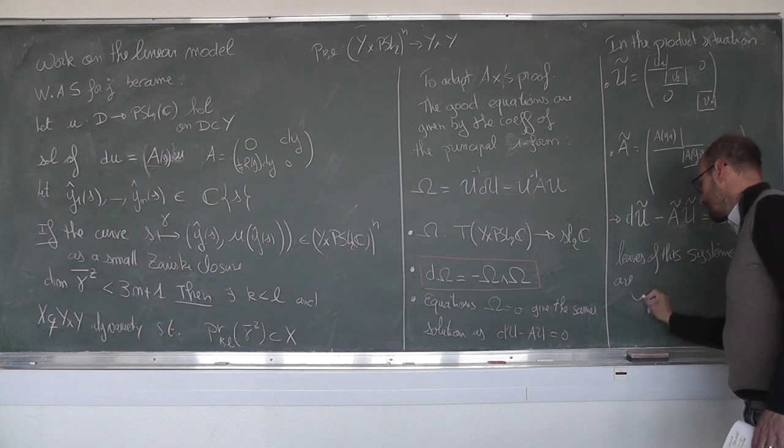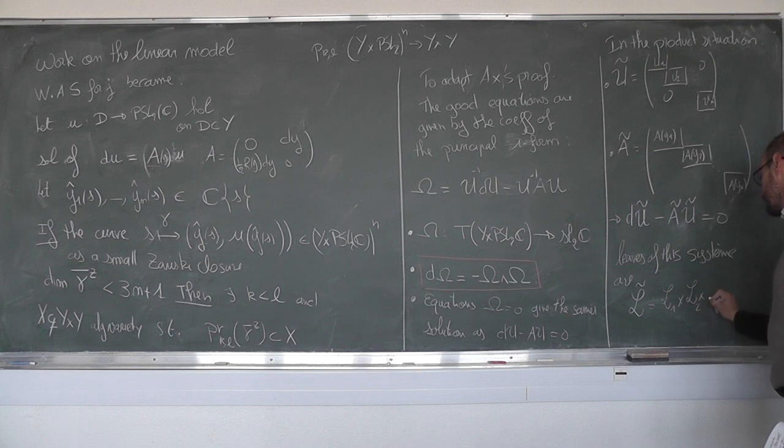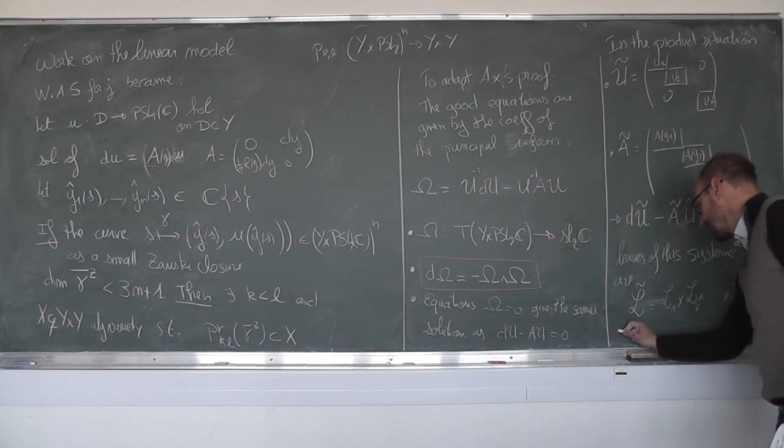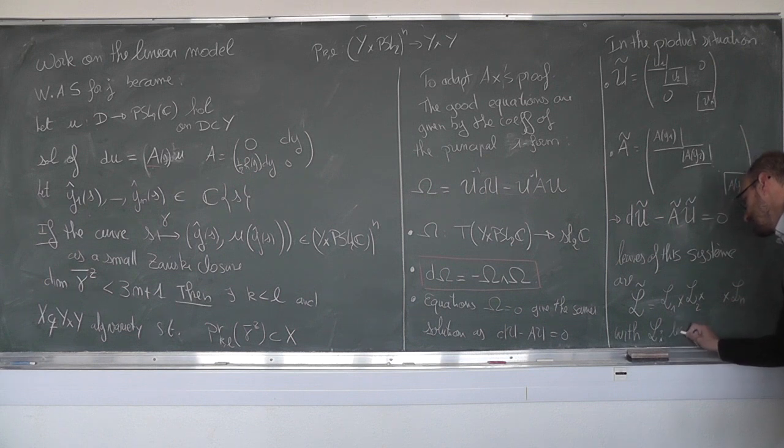Or, and I will call it with a tilde, they are just products, each of these living in this space, with Li, which are leaves of the original equation. This equation here, omega equal to 0.